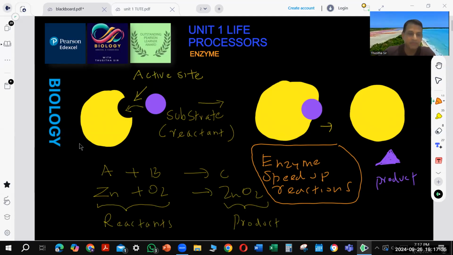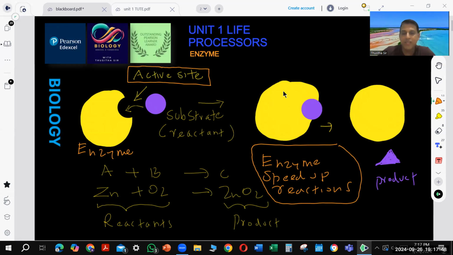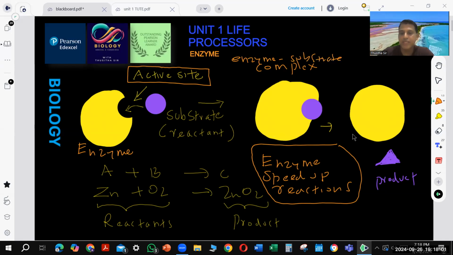The enzyme has an active site, and the substrate can fit into the active site. After that, they make this complex. So we write enzyme substrate complex.